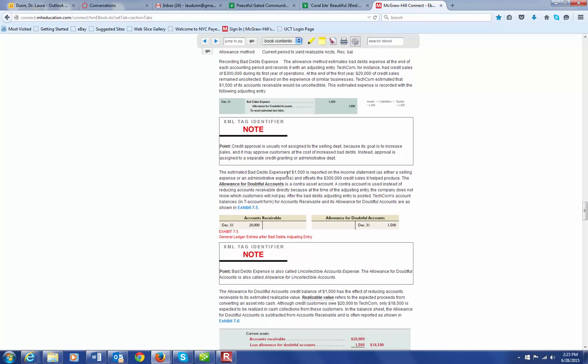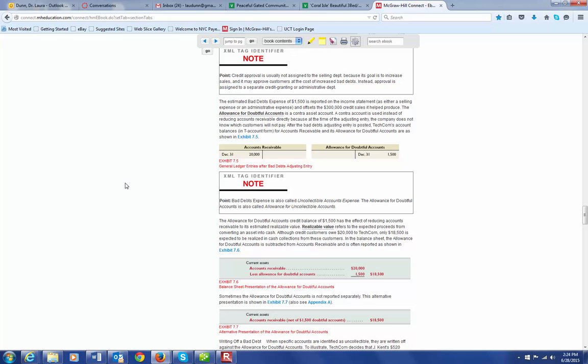So the bad debt expense of $1,500 in this case is reported on the income statement, but the allowance for doubtful accounts is a contra asset account, and it goes on the balance sheet. So you're not reducing accounts receivable directly, but you are putting into your balance sheet a credit here that is a contra account to this debit in accounts receivable, to make that allowance for what accounts receivable you're actually going to receive.